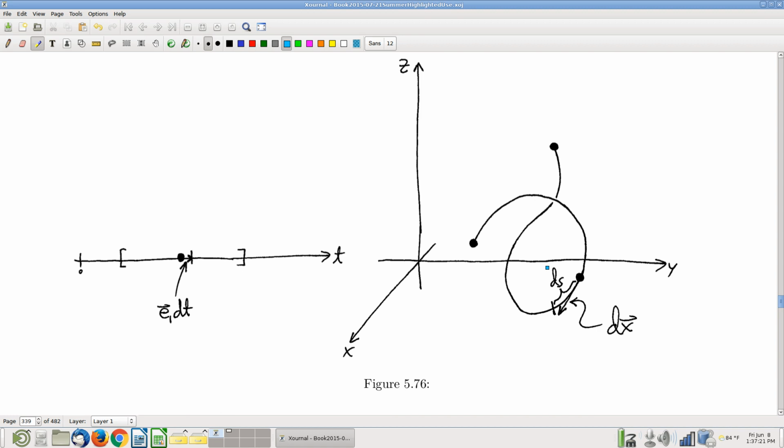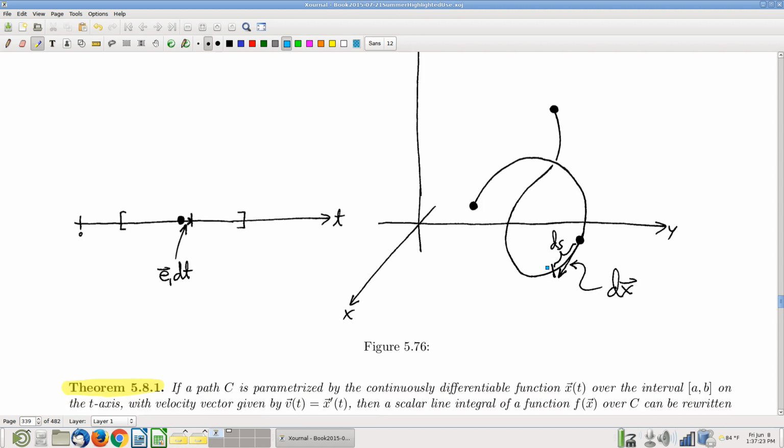ds, you'll notice, now this is a geometric appeal, the length of that piece of curve I can approximate by my vector dx. dx is my linear approximation of position change, right? So it's a vector that's the linear approximation of how much is the output, for this parameterization.